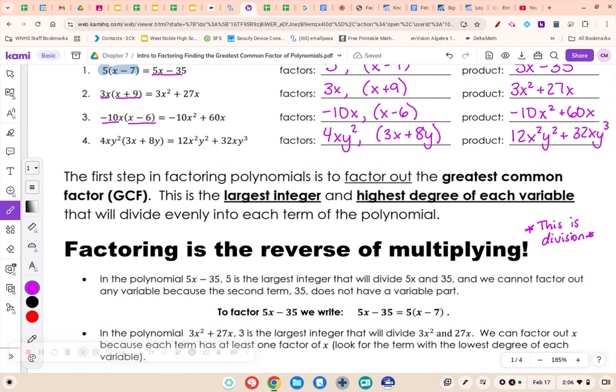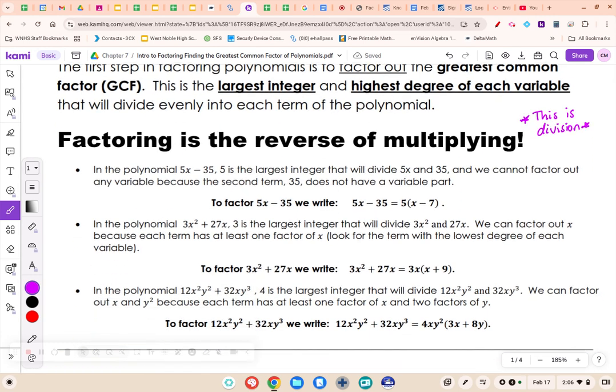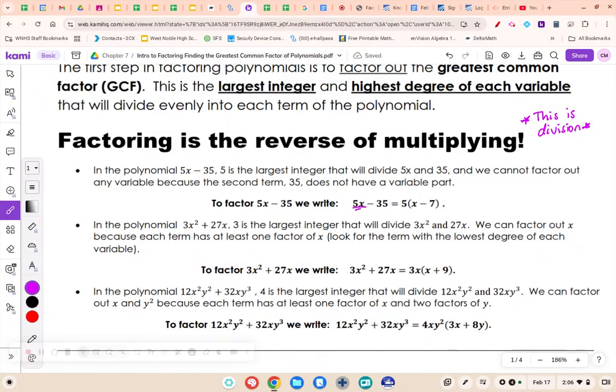So our GCF is 5, I can think of dividing each of these terms by 5, which leaves me with x and with negative 7 and the 5 on the outside. This is our factored form for this specific problem.